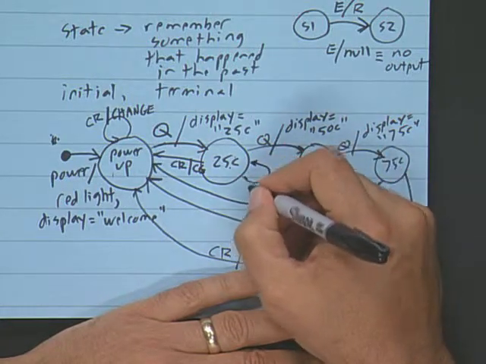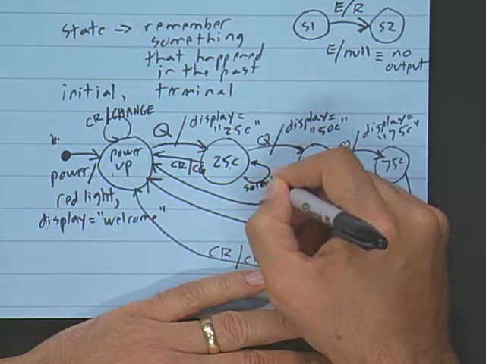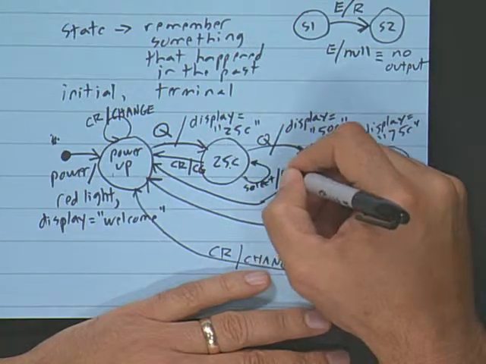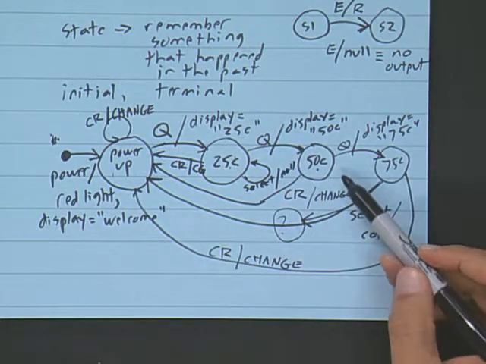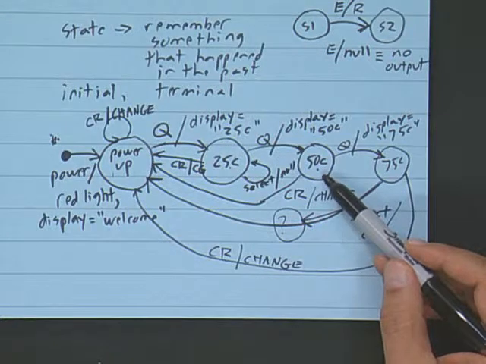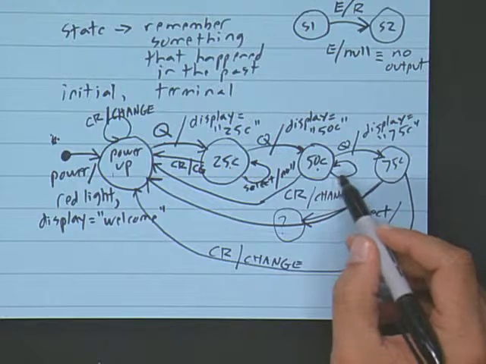So here, this is essentially meaning ignore it. If I hit select, this is getting very busy, I can just ignore it. I'll put null in there, okay? And what happens if I hit select here? Well, again, I can ignore it. I'll loop right back around and ignore it. That's select.